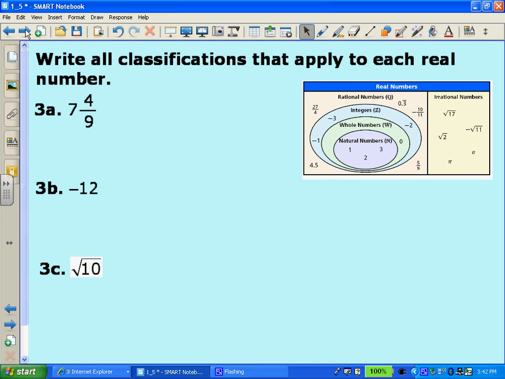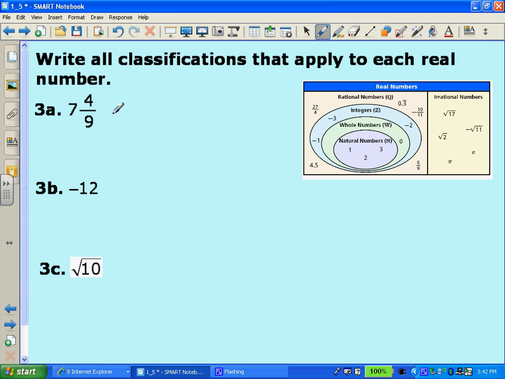So this is what your homework will look like. Okay, they will give you a number and ask you to write all classifications that apply. Now notice that a number can have more than one classification, so that will be important. So on this first example here, we have 7 and 4/9. Now that's a fraction, and we know that natural numbers, whole numbers, and integers can't have fractions in them.